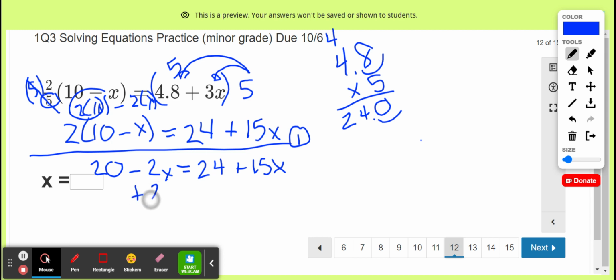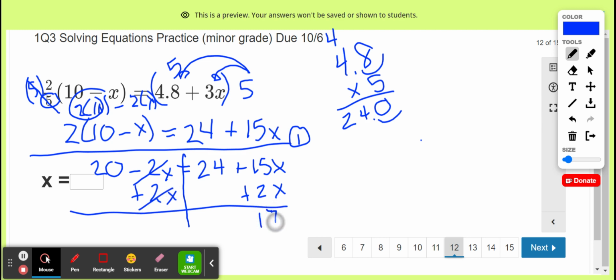Now we're going to add 2x to both sides to remove it from the left side, and then we add 2x to the right side. That's going to cancel on the left side, and we're left with 17x on the right plus 24, and that's going to be equal to 20.